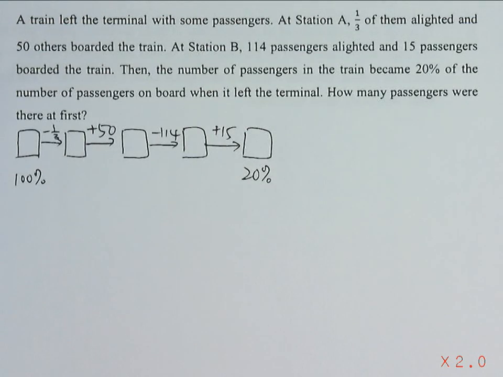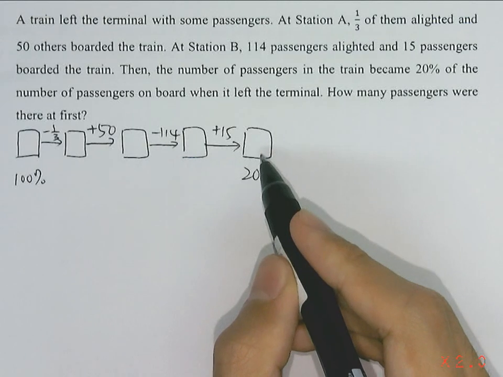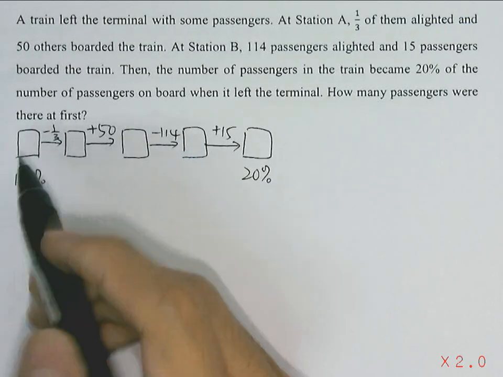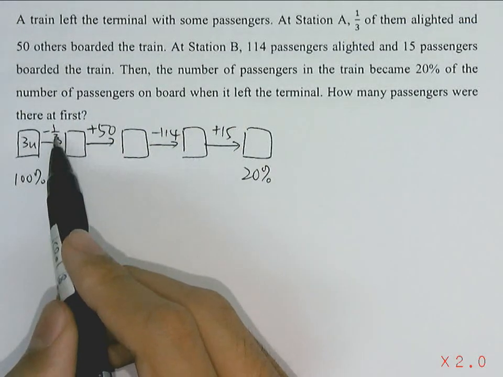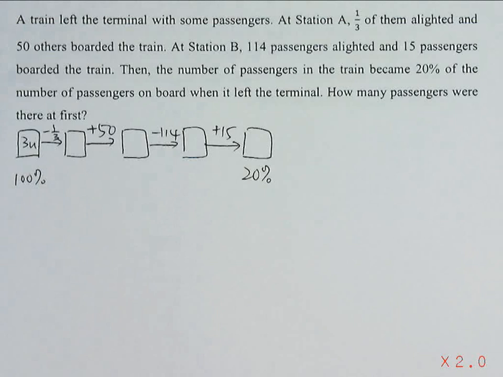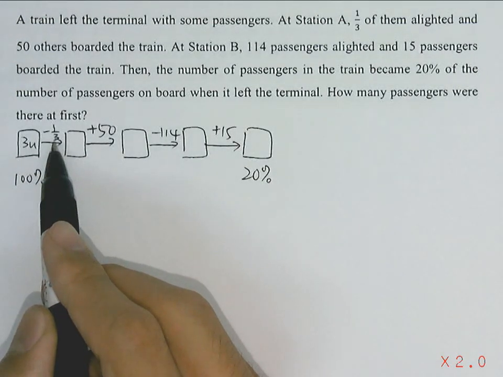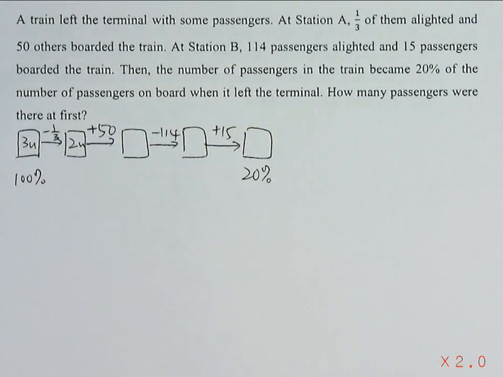Alright. Since we do not have the number of passengers, we may assume that the starting number of passengers was 3 units, since this is 1/3, I chose 3 units for convenience. If it started off with 3 units, after losing 1/3 of them as they alighted, we will be left with 2 units of passengers.